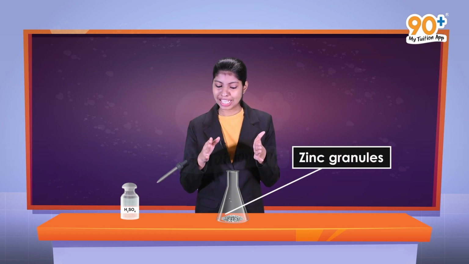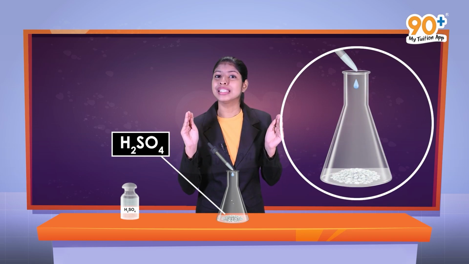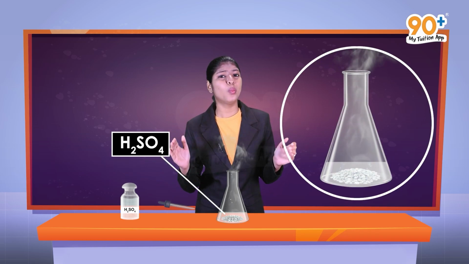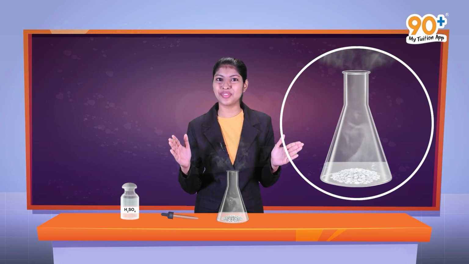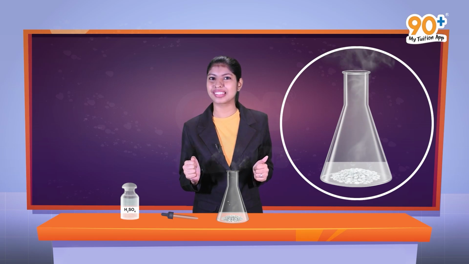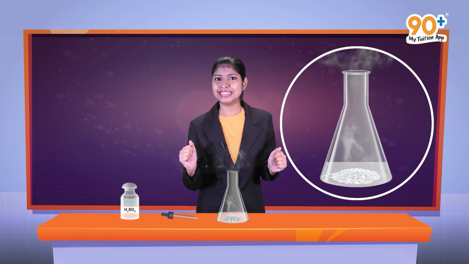So friends, let's do the next activity. For that, I have taken a few zinc granules in a conical flask. To this, we can add dilute sulfuric acid. What do you observe? Oh, liberation of gas is seen inside the conical flask. What do you think? Which gas is liberating?